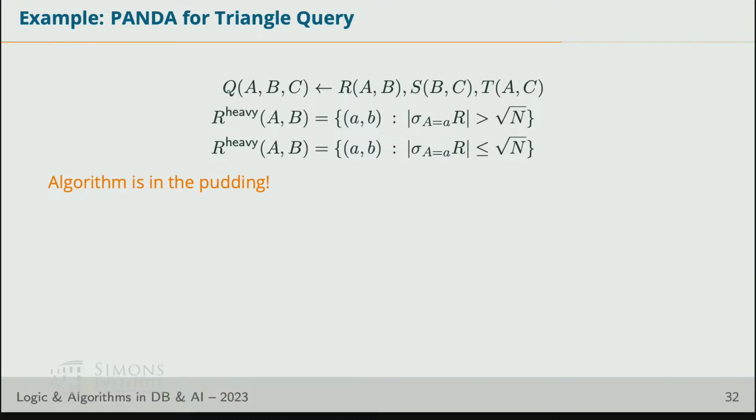We have a triangle query, R, S, and T. Let me define this first beforehand. R heavy is the part of R for which the degree of A is more than square root of n. And R light is the part of R for which the degree of A is less than root n.